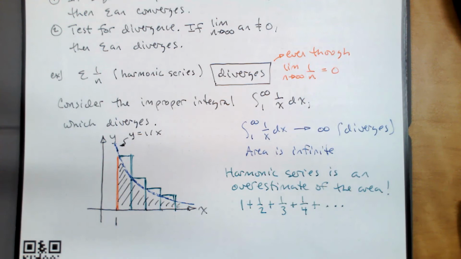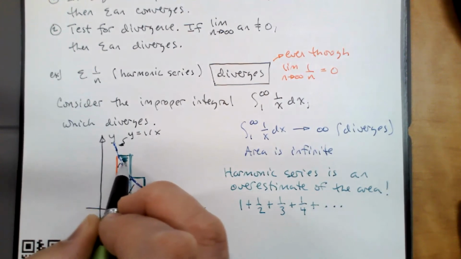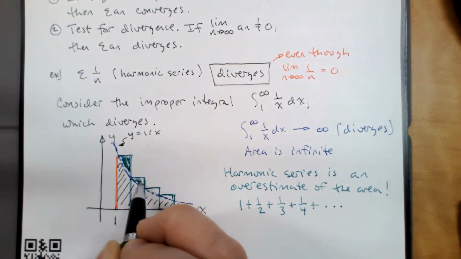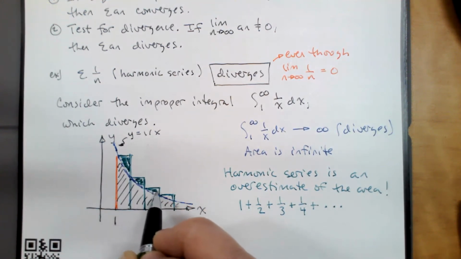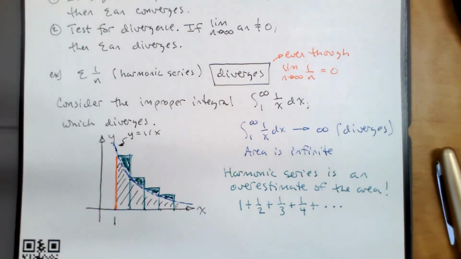So the harmonic series is an overestimate of this area. Therefore, since the area is infinite, the harmonic series must also be infinite. Since the improper integral diverges, the series diverges.